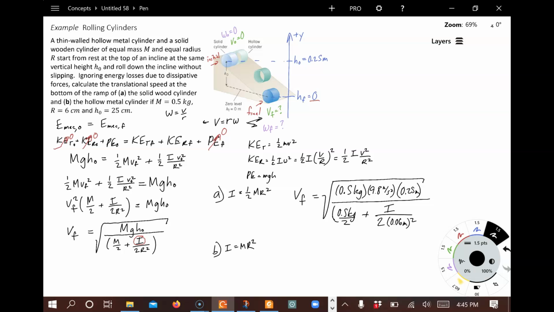We got to square that. And so that's the same equation for both. We're just going to be plugging in different values for I in these two cases.